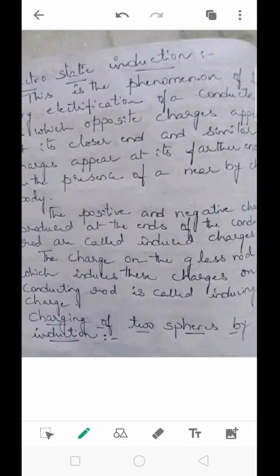If a negatively charged body is brought near, positive charge is seen in the conductor at the near point, right? And the charge on the glass rod, which induces these charges on the conducting rod, is called the inducing charge. Okay, now let us see in detail how two spheres will be charged by the process of induction.